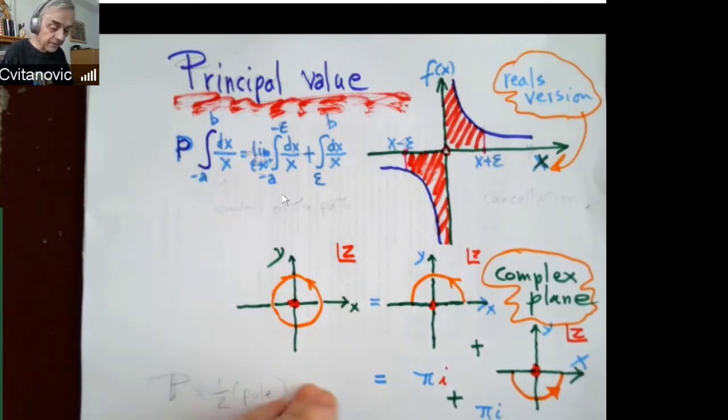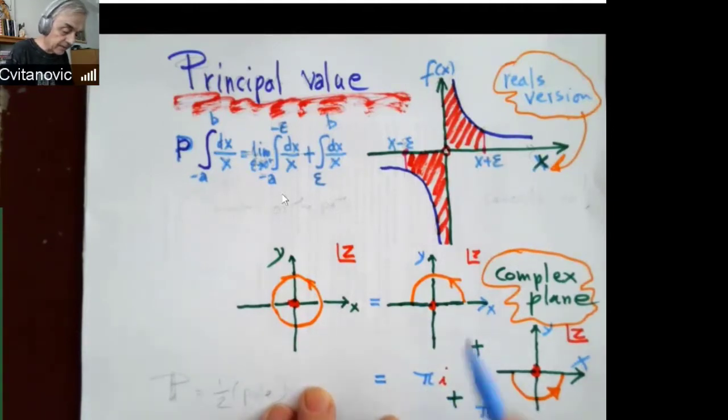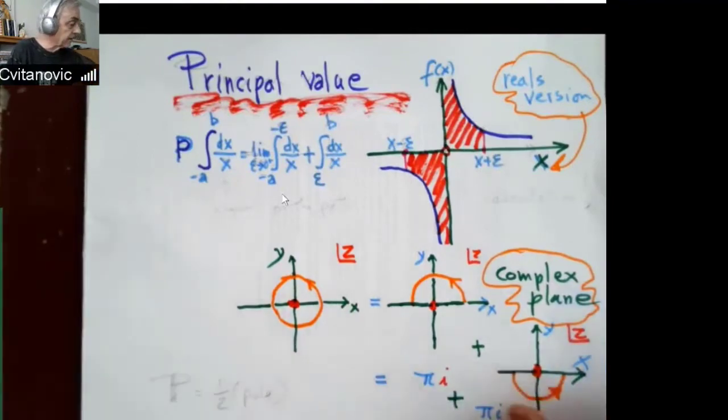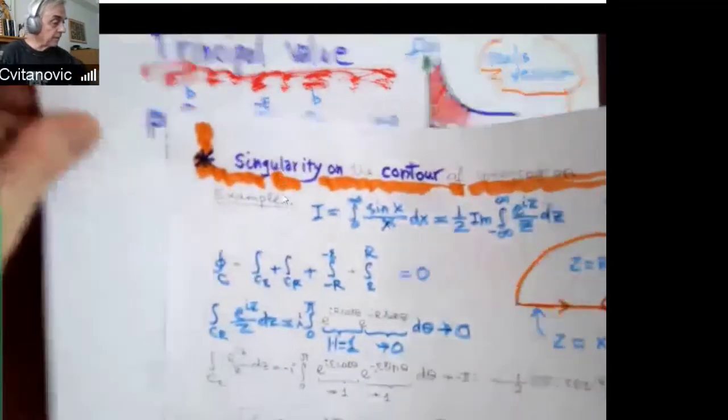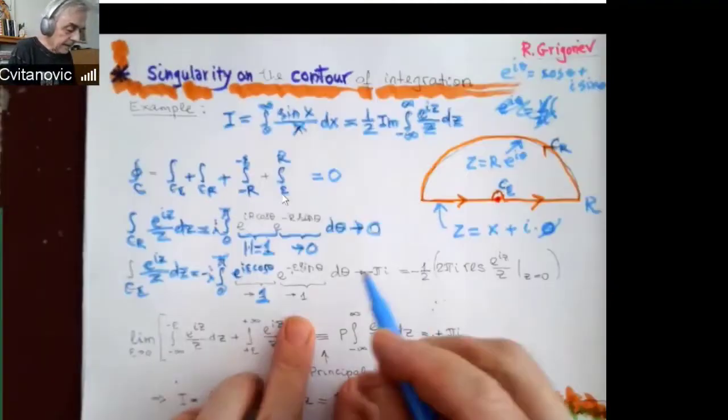It's an integral, so I can write a sum of two integrals. And the first one and second one, they're obviously the same. This runs to pi i. So in the complex plane, this half circle is easy to compute. But that's how principal value comes in.